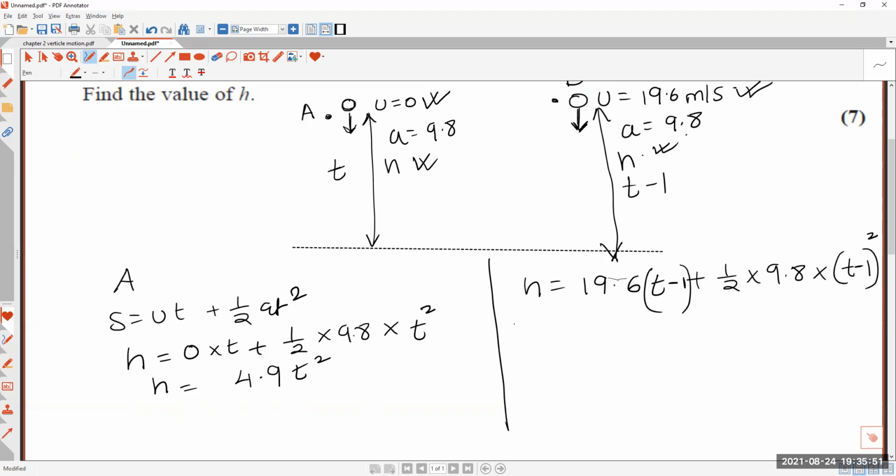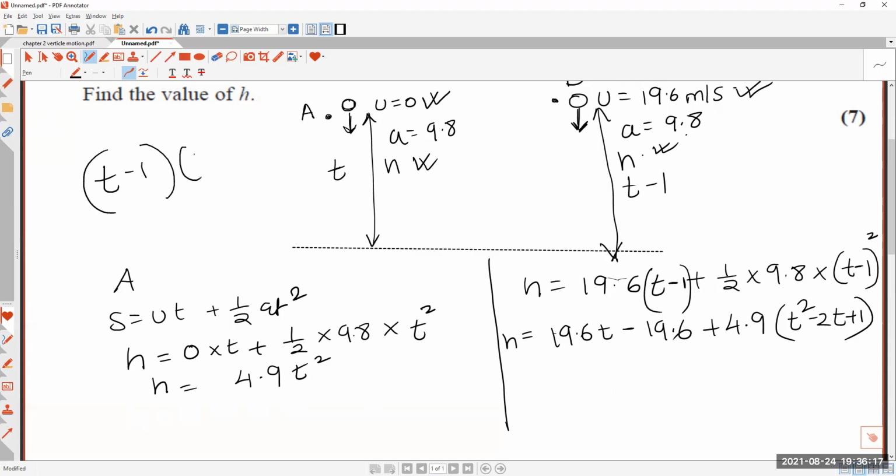Okay, now what will you do to this? You will simplify. What will it be? 19.6 t minus 19.6 plus 4.9 times t square minus 2t plus 1, close bracket. Do you understand? I have t minus 1 whole square, you guys know how to expand it. You will expand it as t minus 1 times t minus 1.